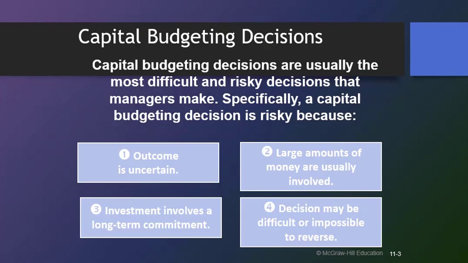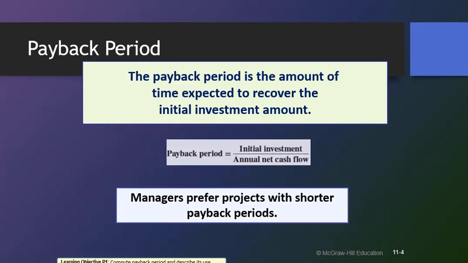At the end of the useful life, some assets can be sold for salvage value, which provides another cash inflow. Some may not have any salvage value. So we're going to look at a variety of different techniques that management can use to make capital budgeting decisions. And in this video, we are just going to do a fairly high-level overview of some of the more common methods. So let's start with payback period.